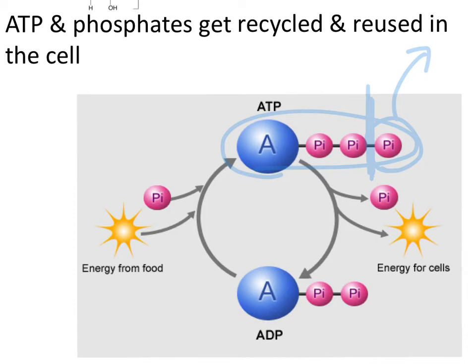Since that little phosphate has a negative charge, when that phosphate attaches to a protein, it will cause a shape change in the protein. To remind you, proteins are intricately folded. They're folded so hydrophobic regions point in, hydrophilic regions point out. Positive amino acids are oriented toward negative amino acids.